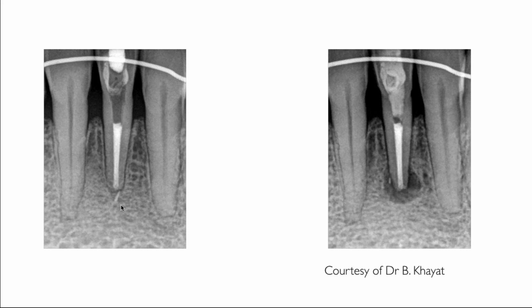Now here's a case that was shared with me by a colleague in Paris, France, Dr. Kayat, and you see a lower incisor which is instrumented quite large. Many people would say this is too large. It fails. Many people would say it fails because it was over-instrumented, and many, many different reasons.